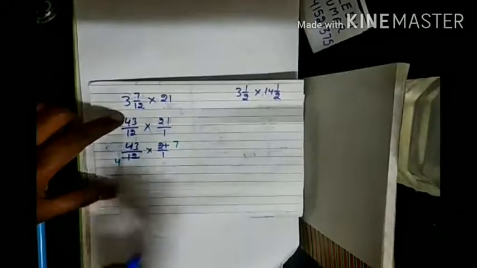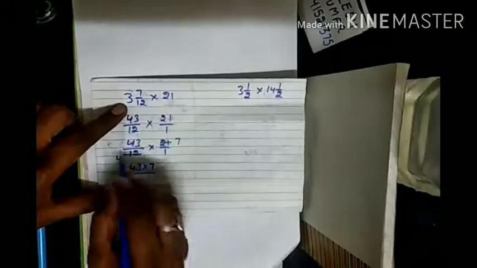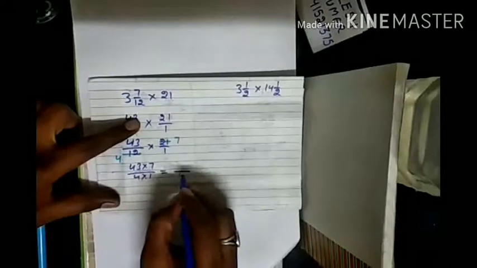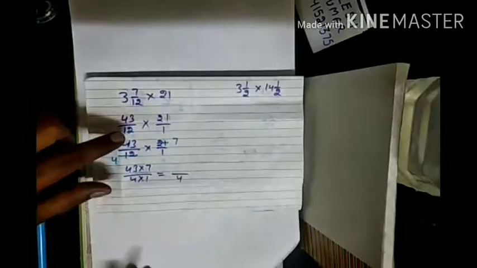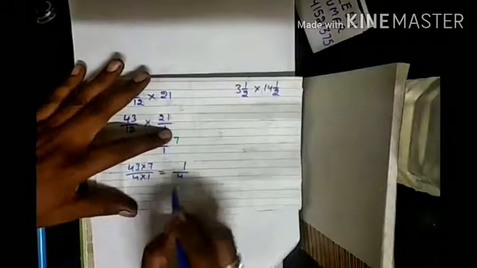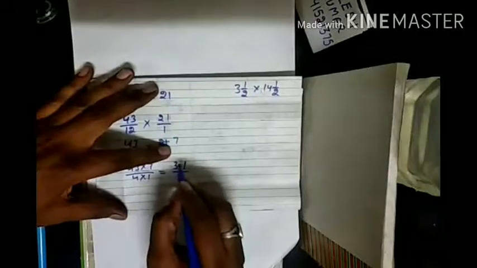Now 43 multiply 7 and 4 multiply 1. 4, and 43 multiply 7: 7 3s are 21, 7 4s are 28 and 2 is 30, that is 301.